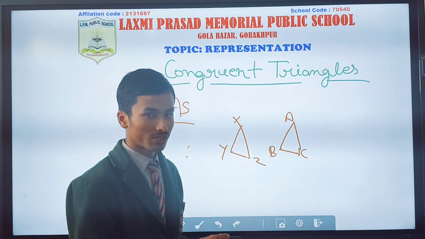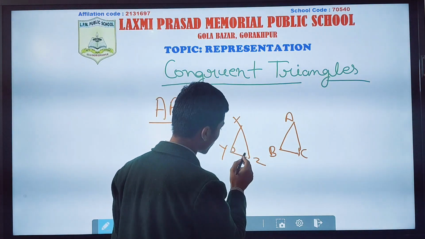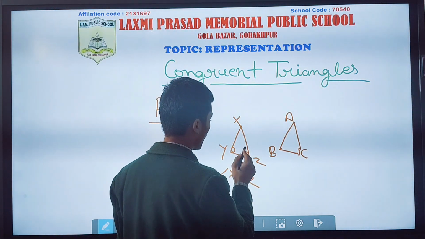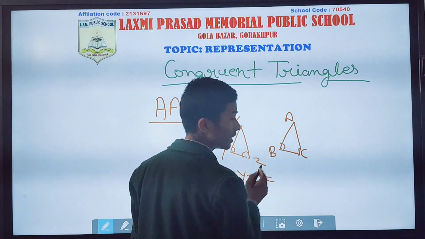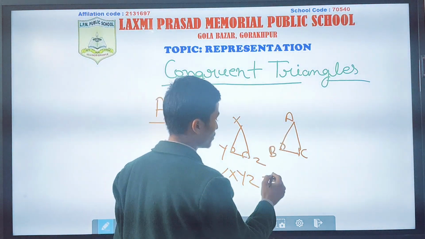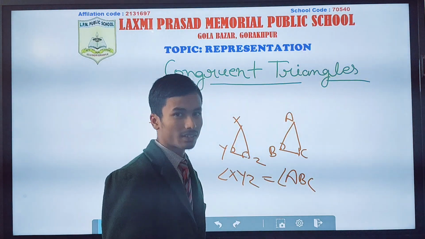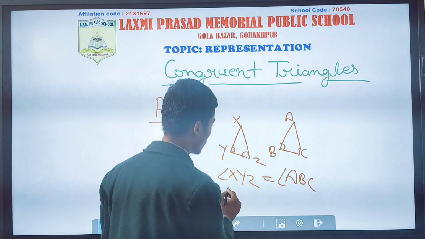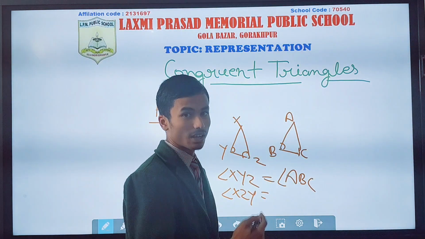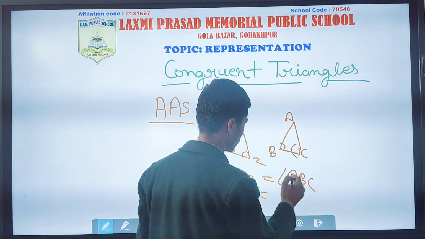So let's understand this figure. Here angle XYZ is equal to the corresponding angle ABC. And let's take the other angle of the triangle, XZY, and its corresponding angle ACB should be equal by the AAS criteria.